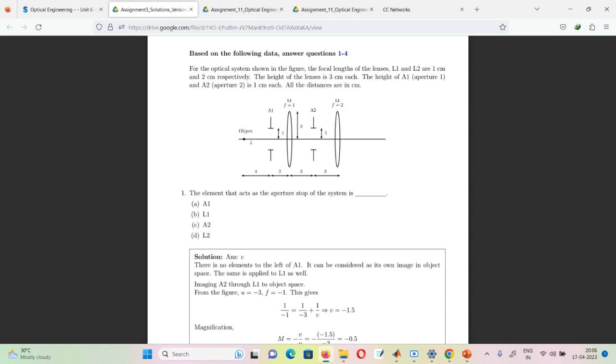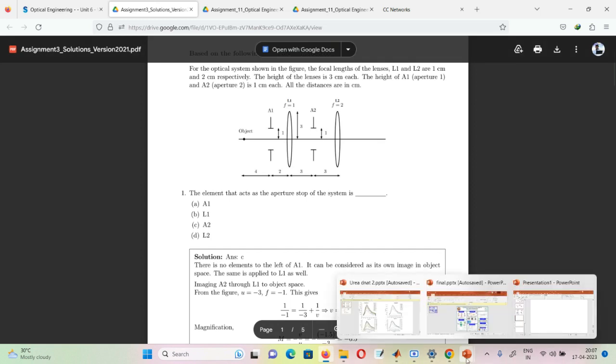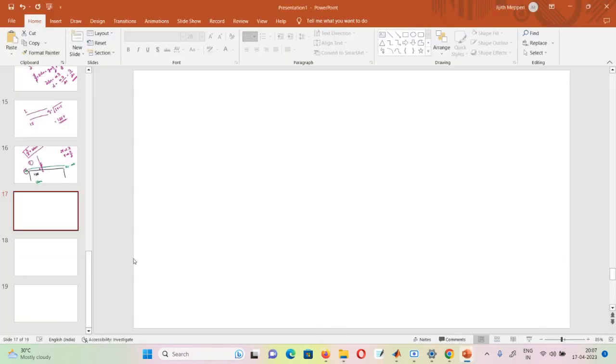Aperture stop is the one which actually controls how much light is traveling through the system. So in this kind of complex thing, I have two lenses. Well, these two lenses are actually not a complex thing, it's comparatively simple.